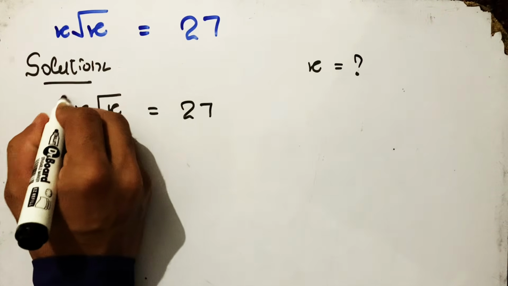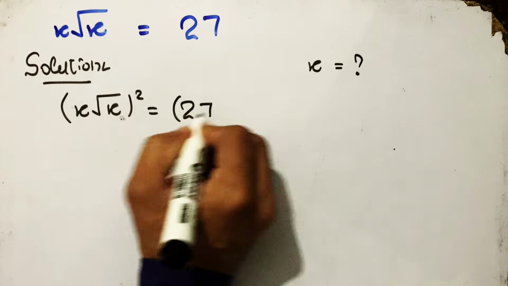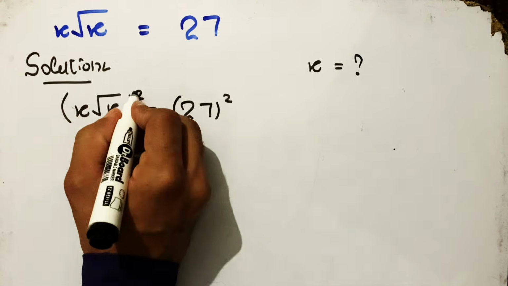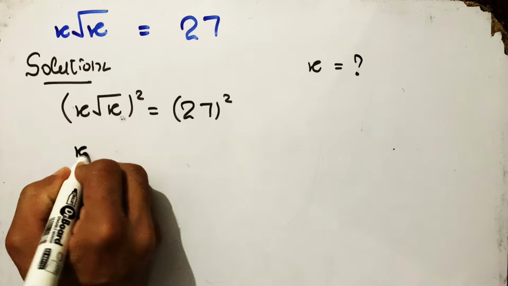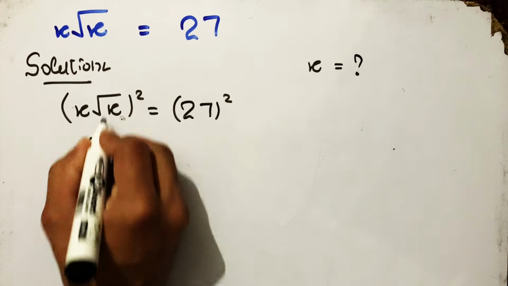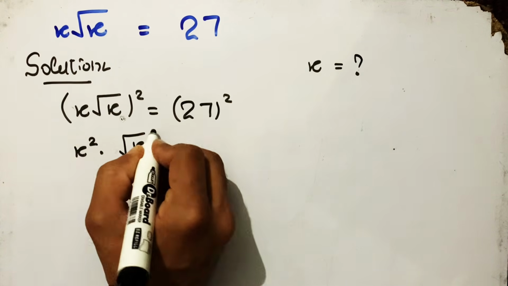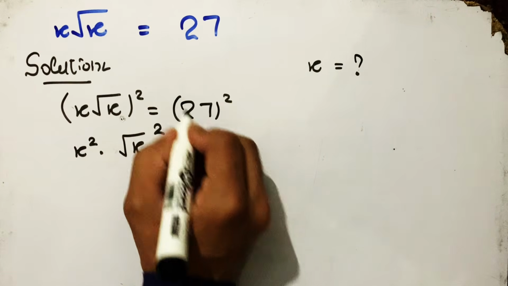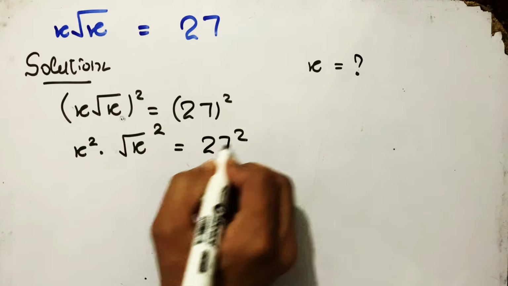Now take both sides squaring. So squaring both sides means x square and square root of x square, which is equal to 27 square.